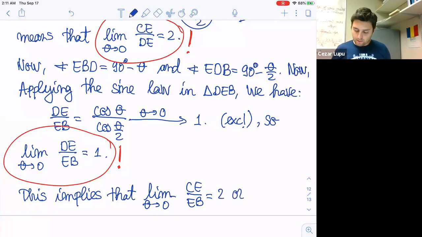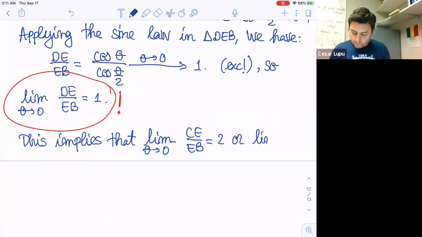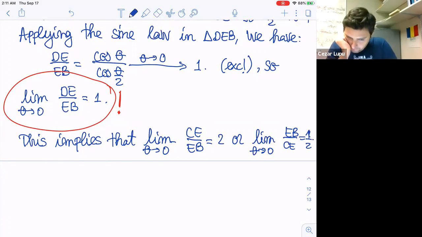Or if you want to write it the other way around, the limit as theta goes to 0 of EB over CE is 1/2. Anyway, so we have this. But also, what does this imply?